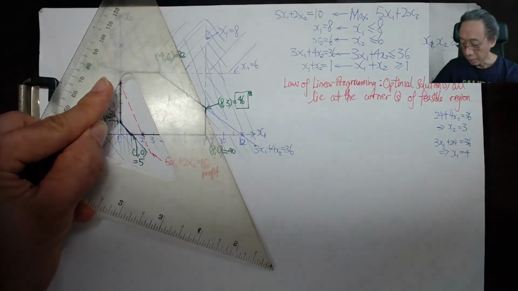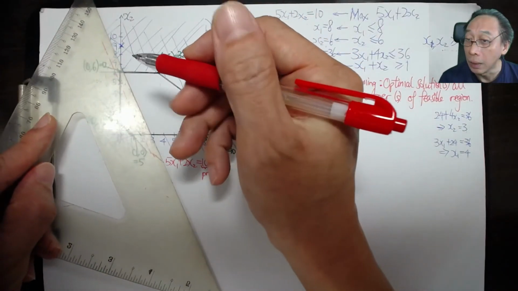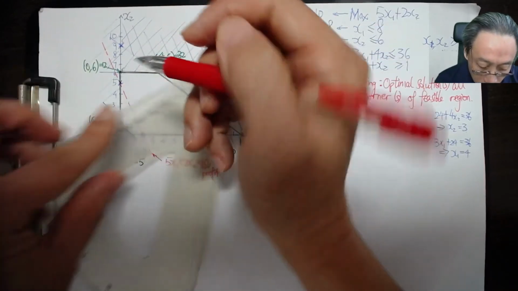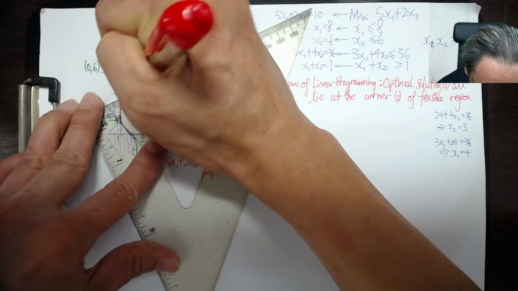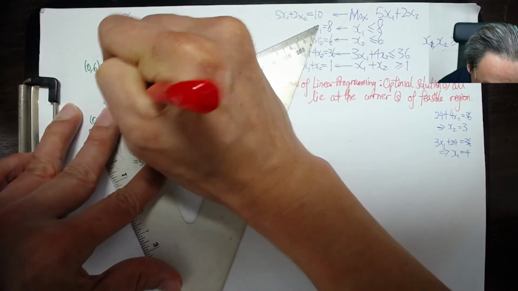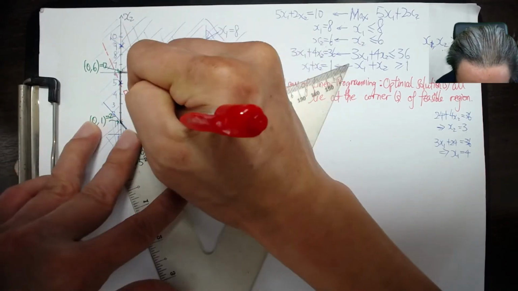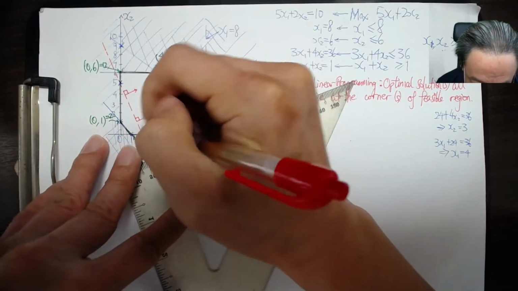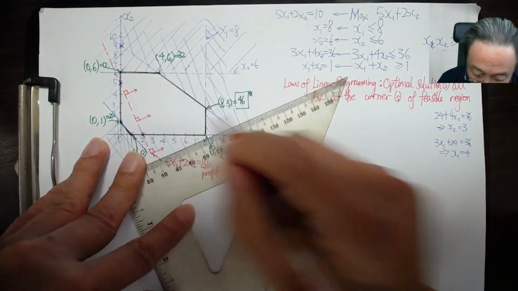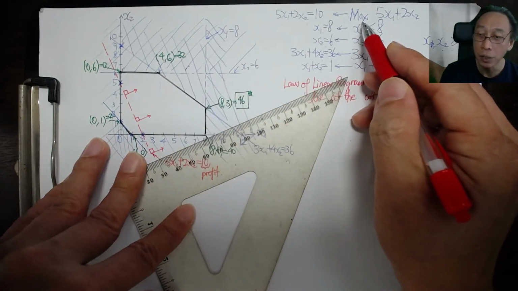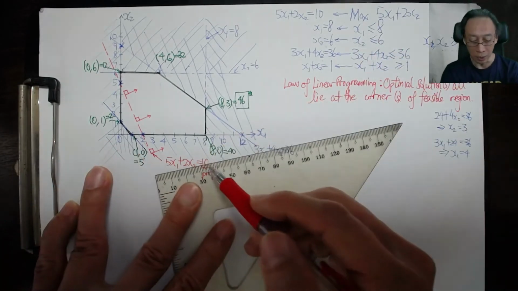All right. Now, what we can do is just try to have a few perpendicular arrows. That's why we customarily want to do this, to show the direction of improvement in profits. Why do we want to improve the profit? Because it is maximization. If it's minimization, then we want to move in the direction of reducing the right-hand side.